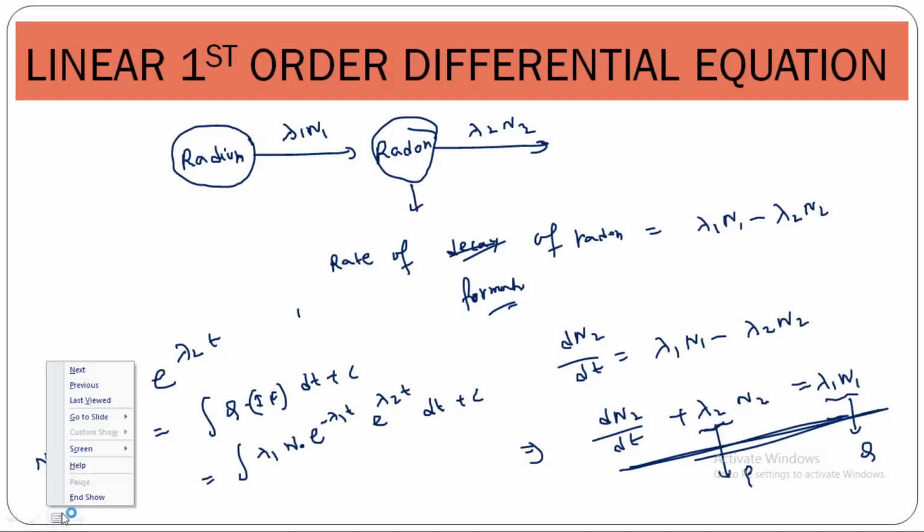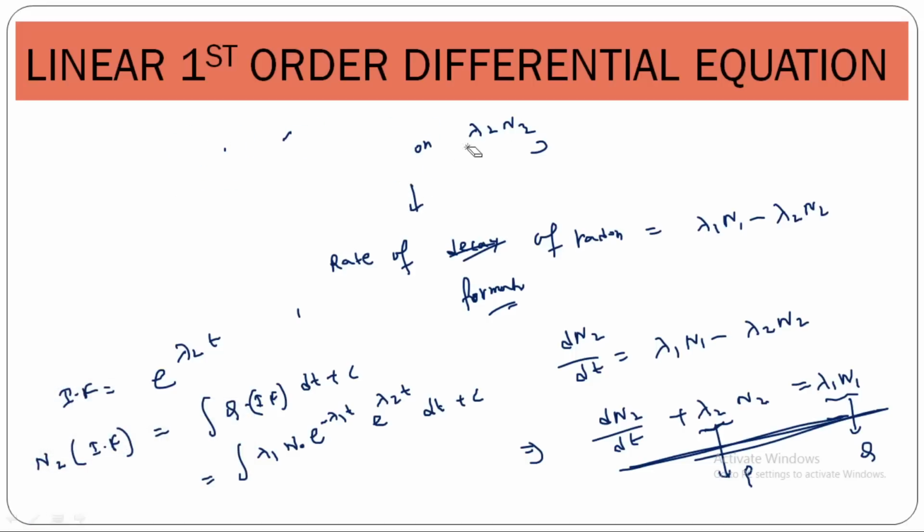Let me write it over here. n2 into e to the power lambda 2 t is equal to n0 lambda 1 into integration e to the power lambda 2 minus lambda 1 into t dt plus c.